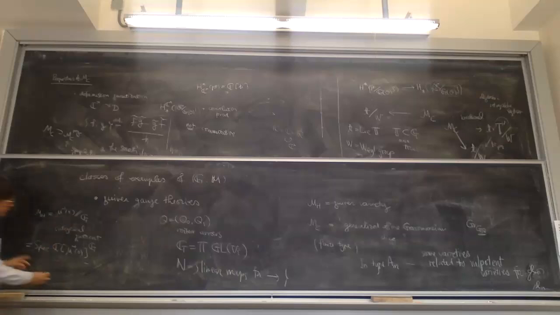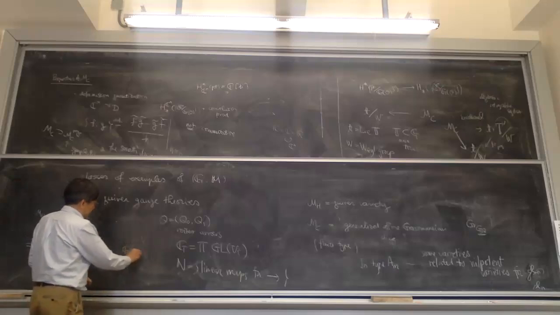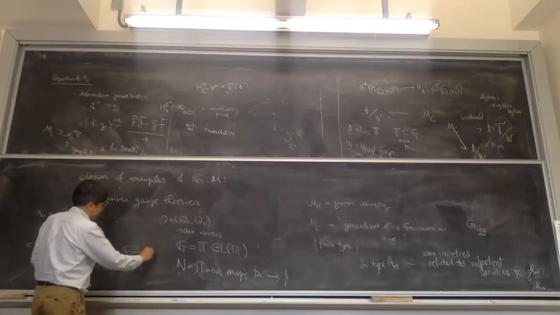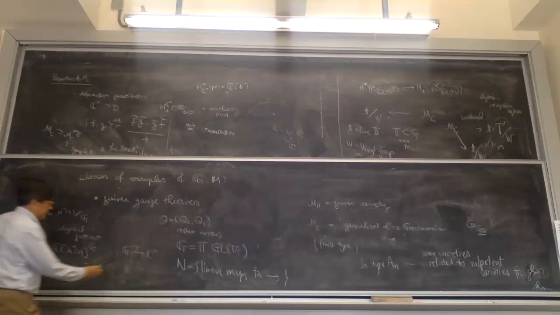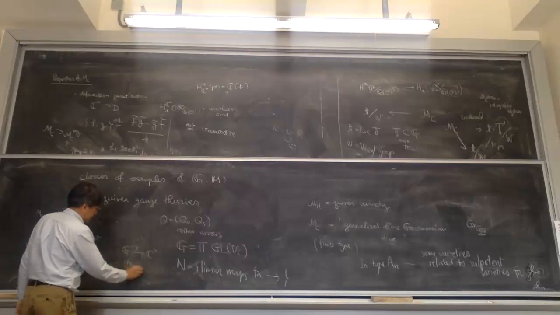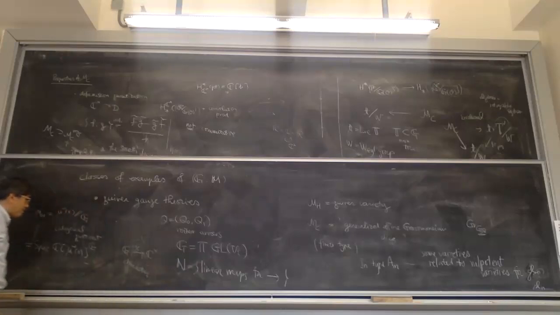But if you have some character, then instead of invariants, you can consider semi-invariants, which means that if you change the function by the group element, then it is multiplied by some power of this character.